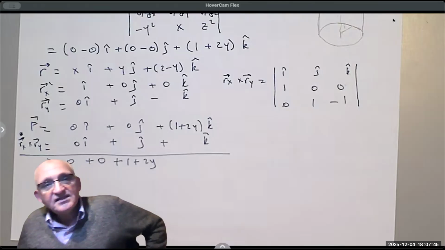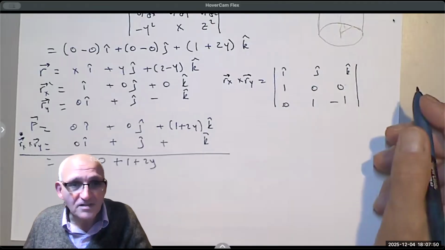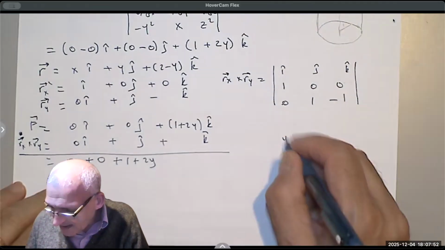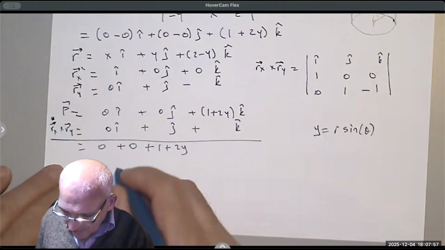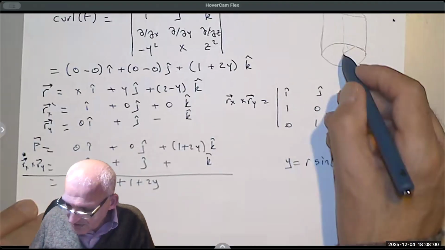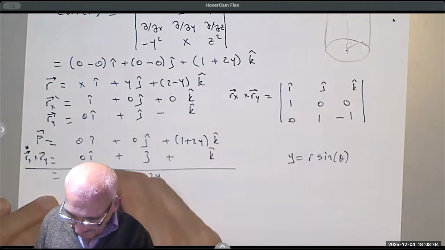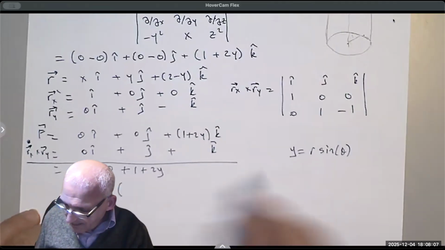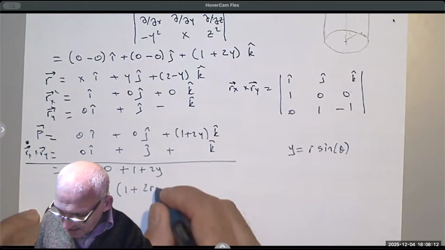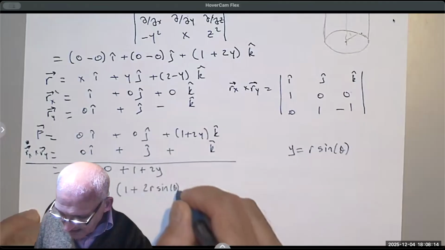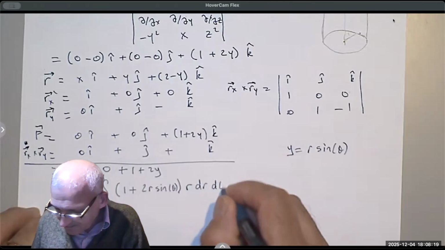But in order to get the integral, it's much better to use polar coordinates. Why? Because now y becomes r sine theta. So now I'm going to take a double integral. R goes from 0 to 1, theta goes from 0 to 2 pi, and my integrand is 1 plus 2r sine theta, and dx dy become r dr d theta.